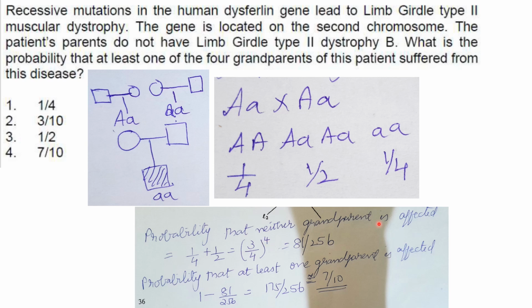Probability that neither grandparent is affected is 1 by 4 plus half, that is 3 by 4, so for four grandparents it is 81 by 256. Probability that at least one grandparent is affected is 1 minus 81 by 256, that is 175 by 256, that is equal to 7 by 10. So the answer here is option 4, 7 by 10.